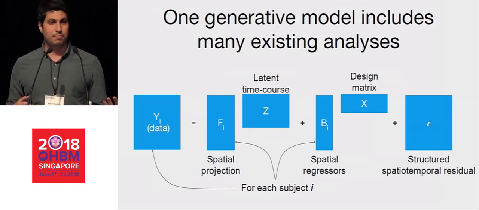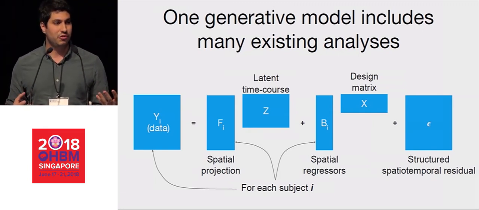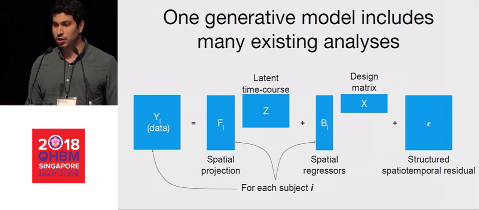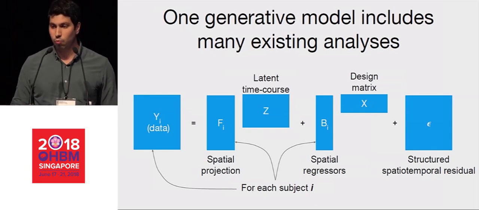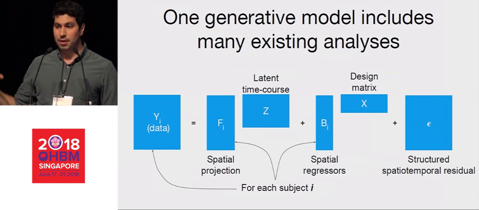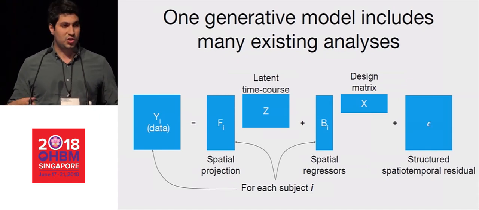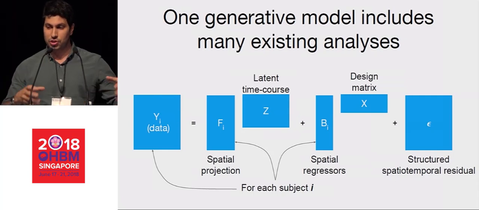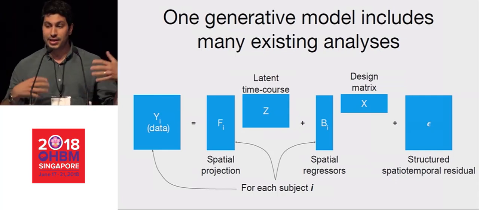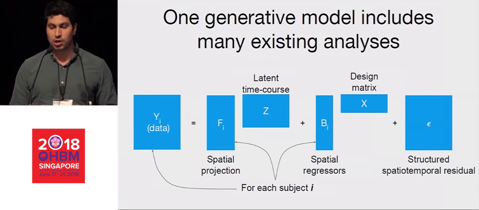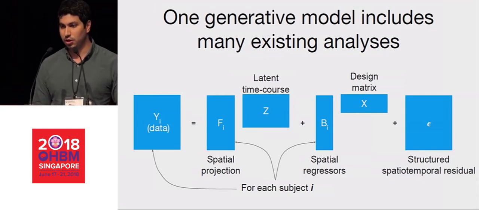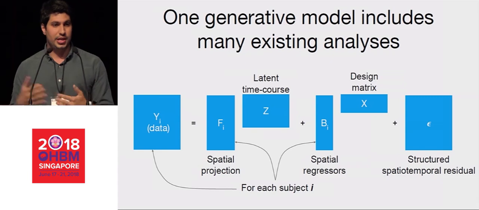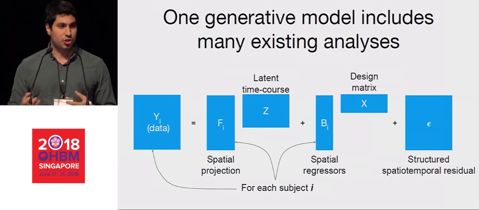So the first piece is to write down a generative model that captures all of this structure. So our data per subject Y is a combination of a spatial projection. So there's three terms that we're going to parse out. So the first term is going to have a latent time course projected through a series of spatial projections, so the latent time course would be subject independent, the spatial projections would be subject dependent.